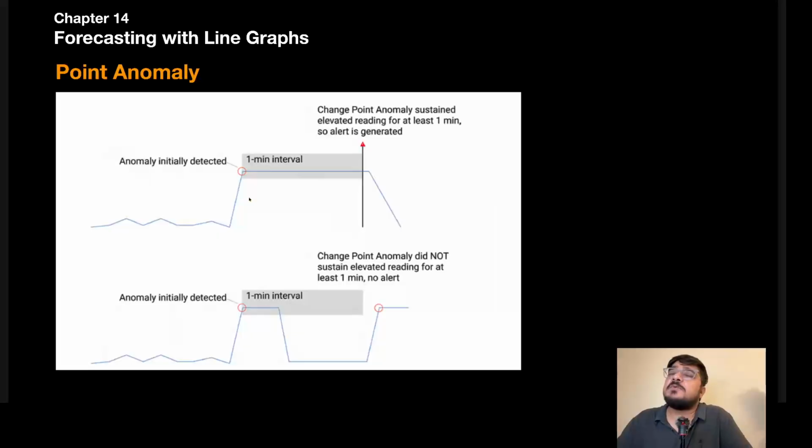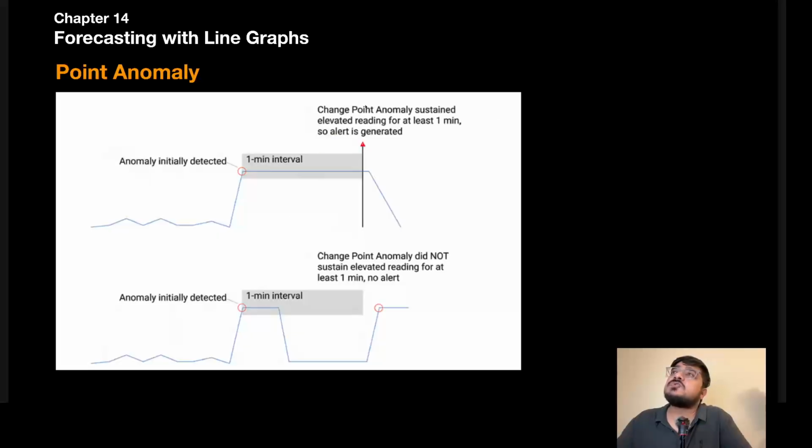There is one more example here. You can see the anomaly initially detected, and then a 1 minute interval, and then a change point anomaly sustained elevated reading for at least 1 minute, so an alert is generated. After this point, for 1 minute itself it was straight.